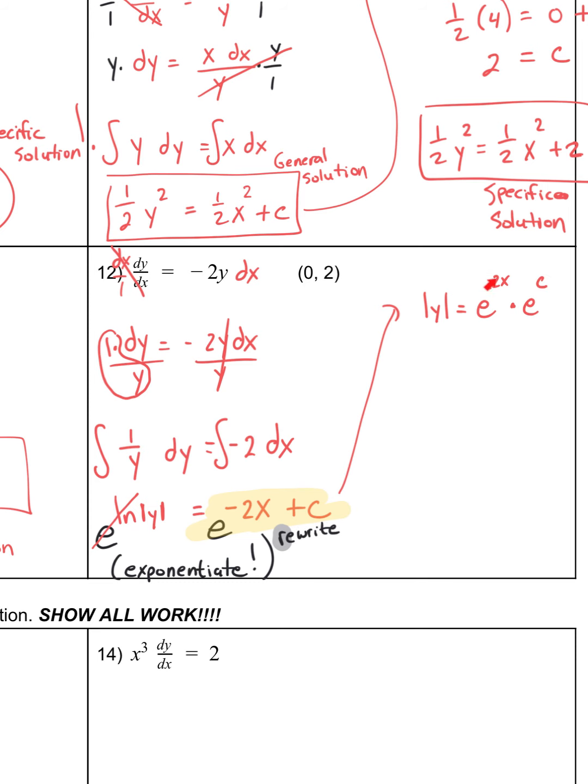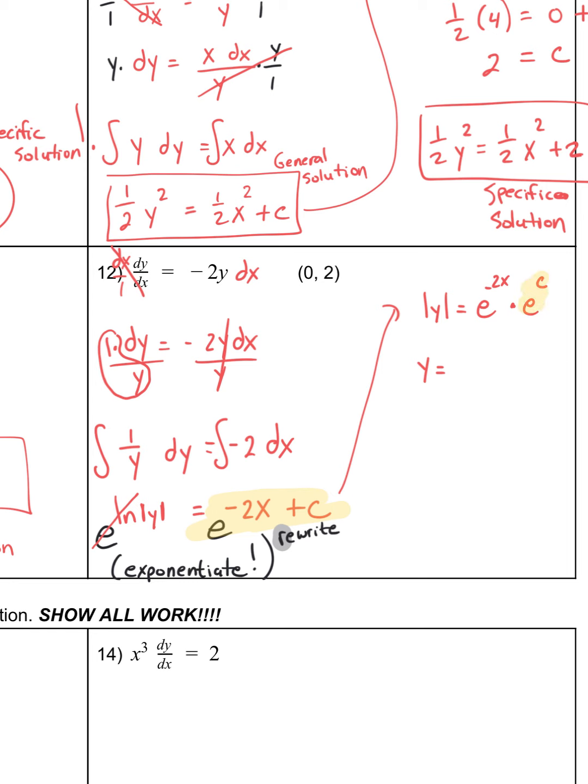This right side is equivalent to this, because when I'm multiplying two exponents that have the same base, I add. Okay, I'm going to rewrite this. The absolute value of y is just y.